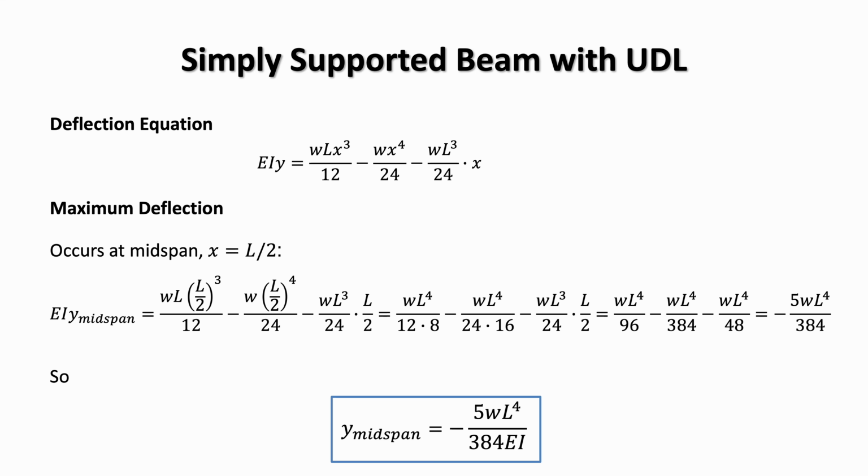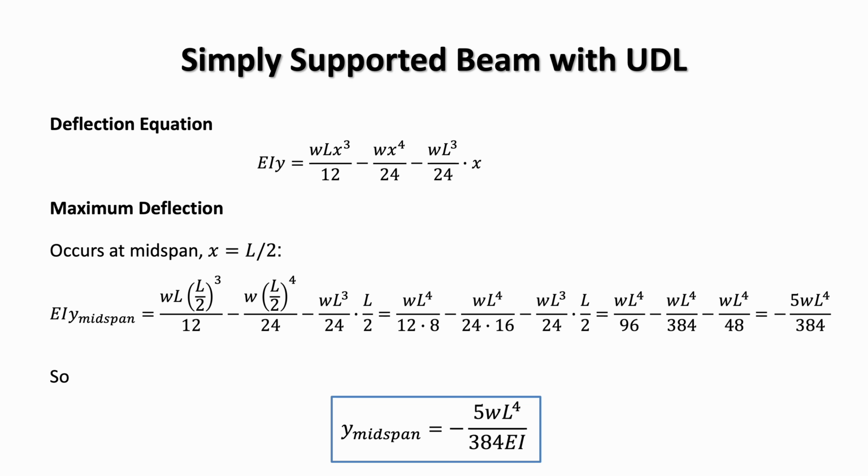So, provided we know the elastic modulus E, the second moment of area I, and the span L, and of course the load intensity W, we can calculate the deflection at any point on the beam using the full deflection equation. And we can also discover immediately what the deflection is at mid-span.